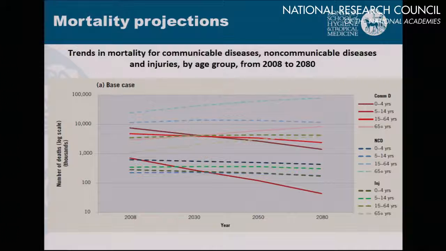Non-communicable diseases, heart disease, respiratory disease, chronic outcomes, are going up, which is the blue line going up. So death rates in children are going down, death rates in adults possibly going down, it's a more complicated picture. But absolute numbers of people are increasing, and absolute numbers of older people are increasing.